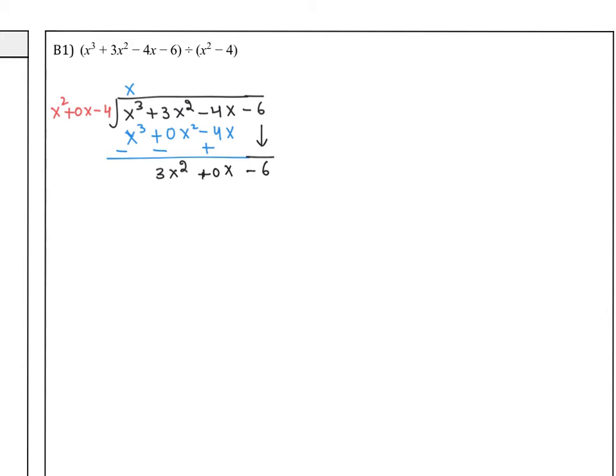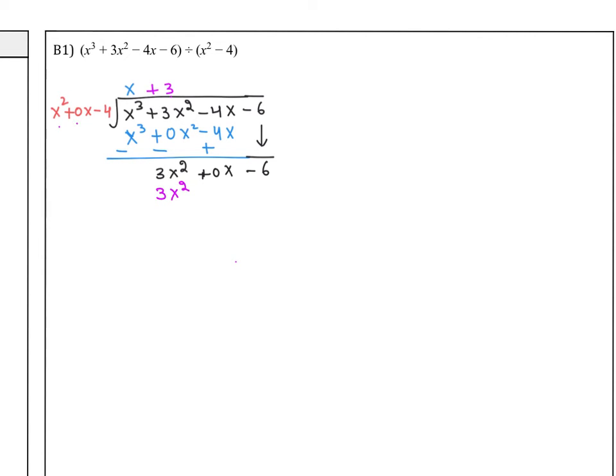Now we decide what to multiply so that we can get 3x squared on the bottom. The number is just 3. 3 times x squared is 3x squared.